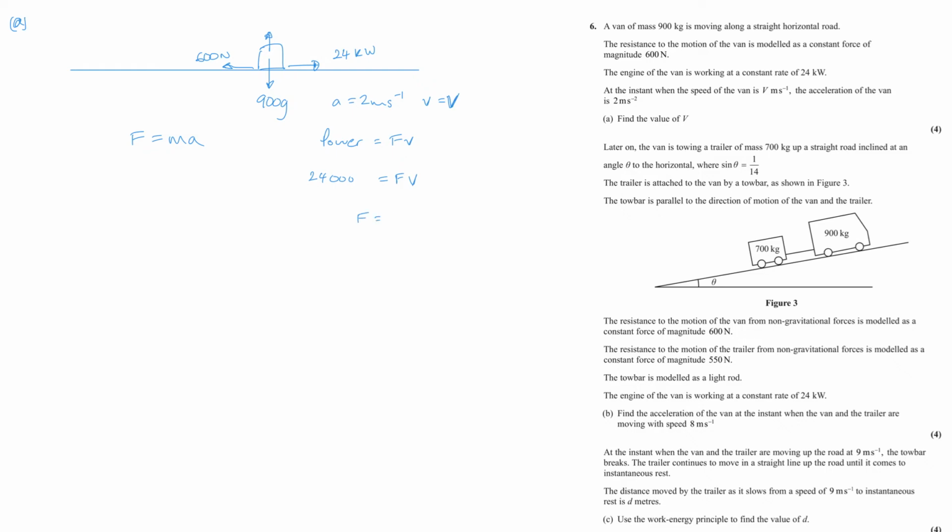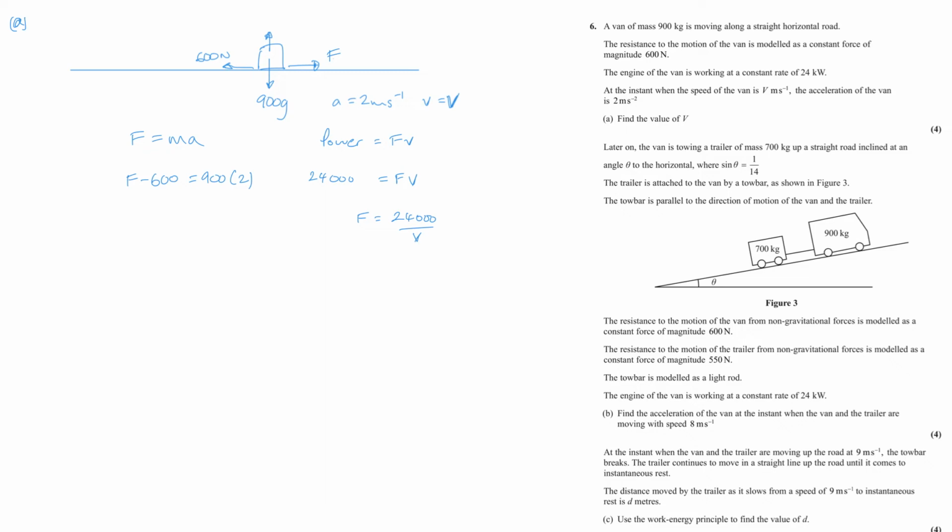So F equals 24,000 over v, and really F minus 600, because that's the force going this way, equals 900 times 2.